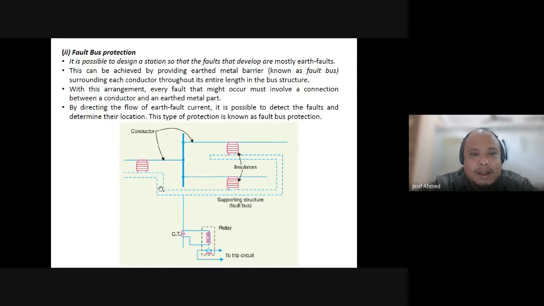So with this arrangement, every fault that might occur must involve a connection between the conductor and an earthed metal part. Okay?